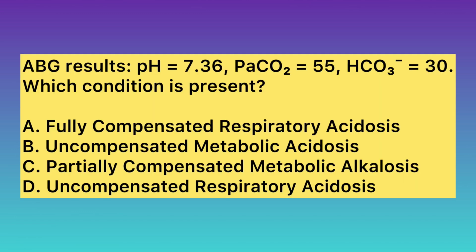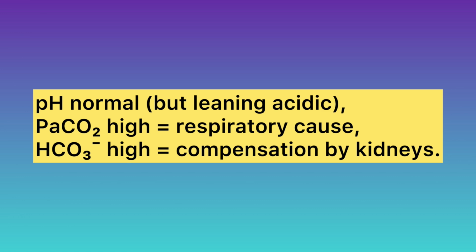Next question: ABG results are pH 7.36, PaCO₂ 55, bicarb is 30. Which condition is present? Options are fully compensated respiratory acidosis, uncompensated metabolic acidosis, partially compensated metabolic alkalosis, uncompensated respiratory acidosis. pH is normal, 7.36, but leaning toward the acidic side.